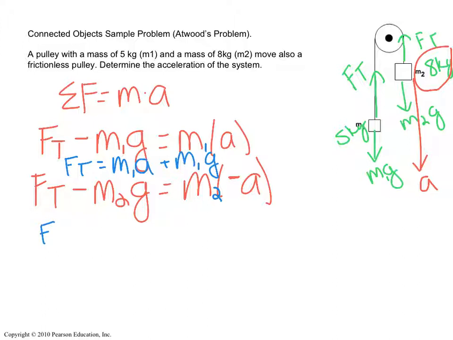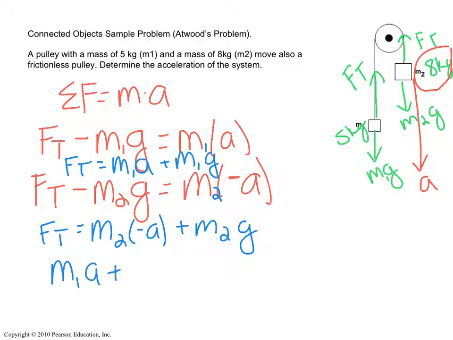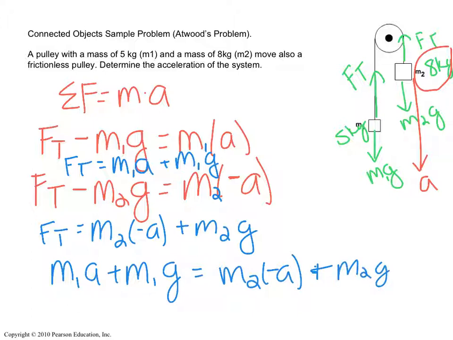That's a really important distinction as we start working on these problems, because it can get a little bit tricky if we don't have them written in properly. All right, so at this point I can set them equal to each other. So I have m1a plus m1g equals m2 times negative a plus m2g.